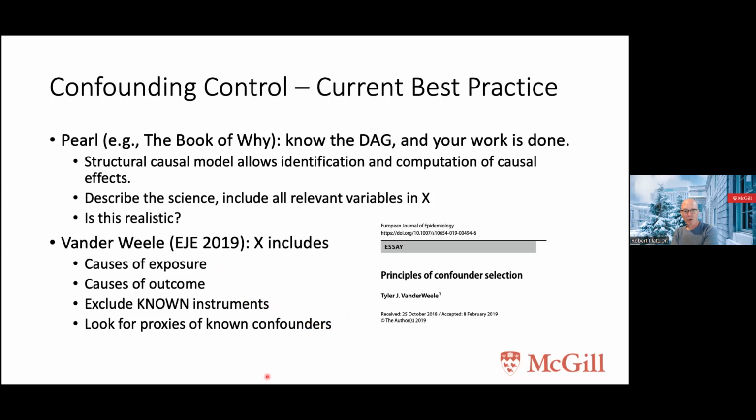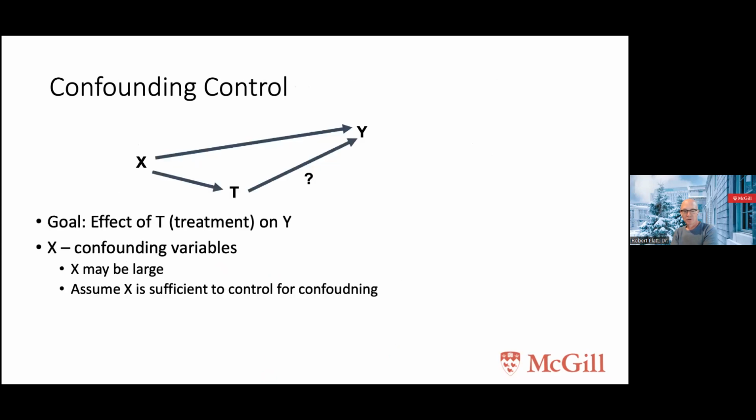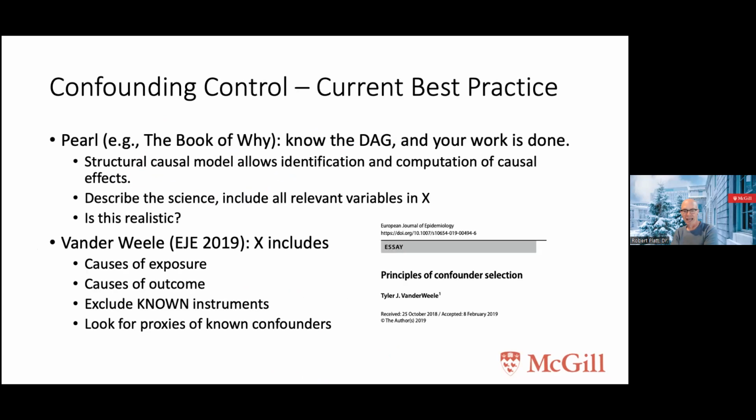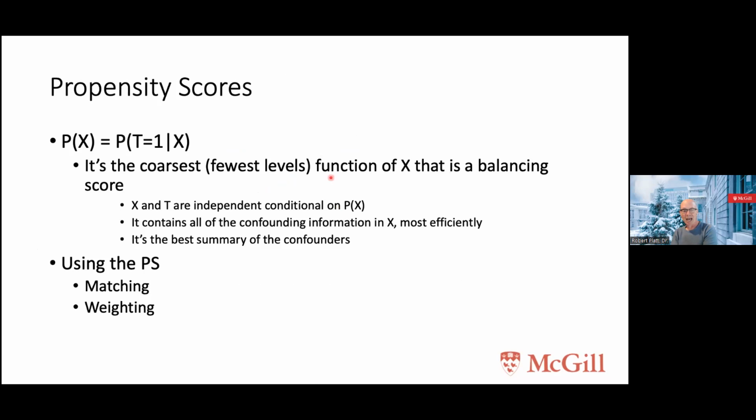That gets us to the point where we know what X is in this graph, or the set of variables that is X. The next step is, what do we do with X? For the remainder of today, I'm going to focus on confounding control using things like the propensity score.